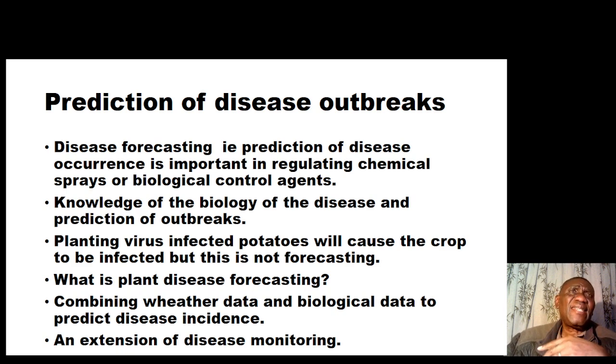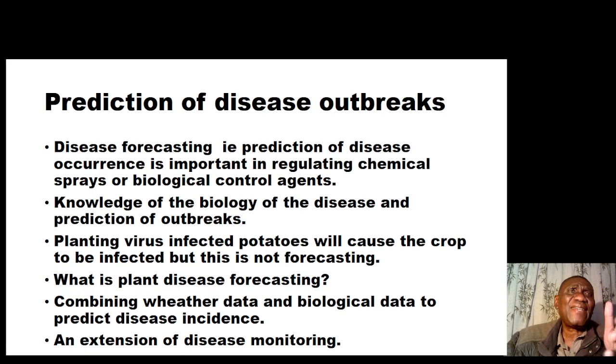It is important in regulating chemical sprays or biological control agents. If we know when the disease is coming, we can prepare for it. And sometimes there may not be any need to spray if you are sure that the disease is not coming. So knowledge of the biology of the disease and the prediction of outbreaks is very important.